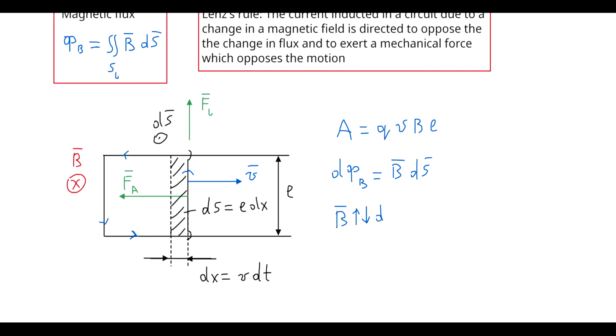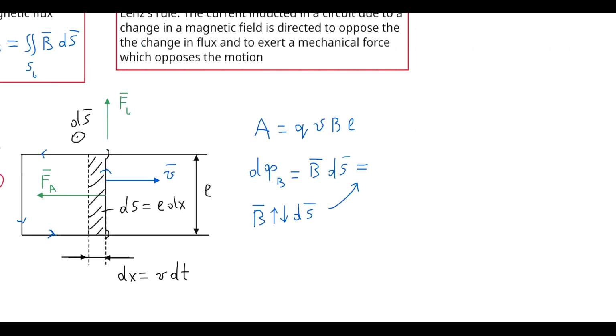Two vectors have opposed direction. And it means that we can write this scalar product as B dS multiplied by cosine, and for vectors with opposed direction, the angle between them will be 180 degrees.